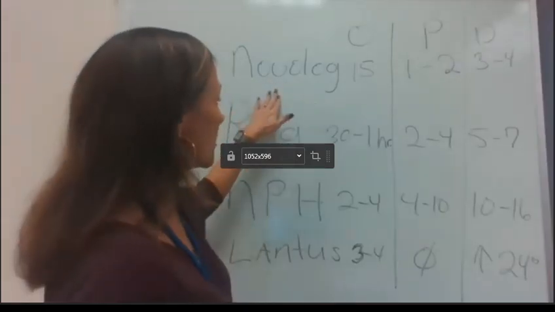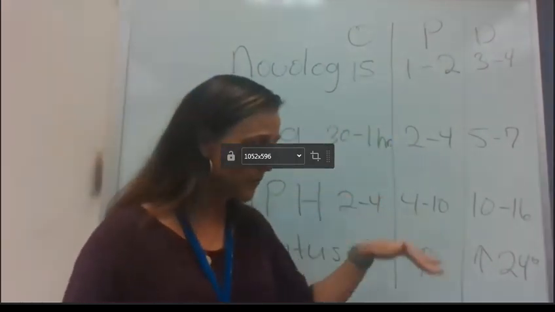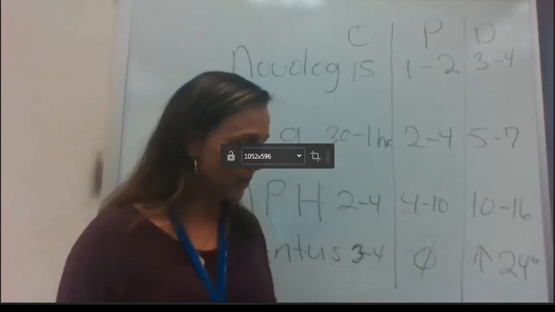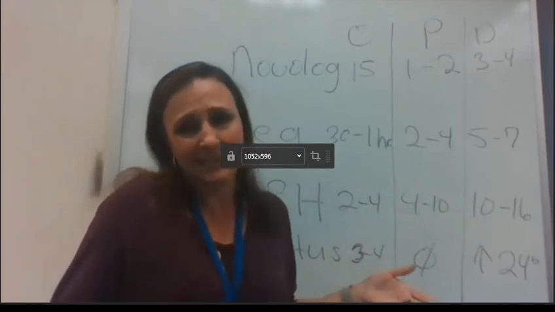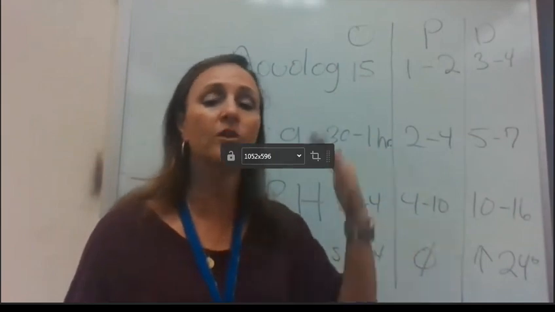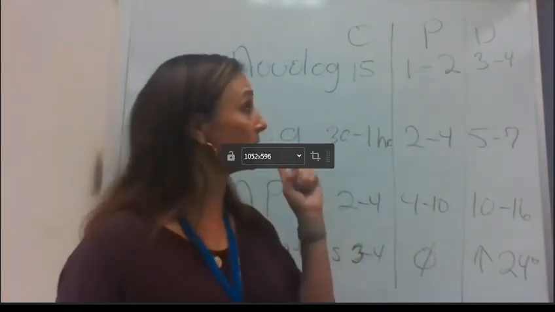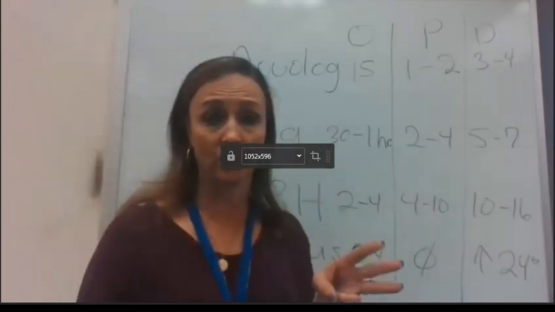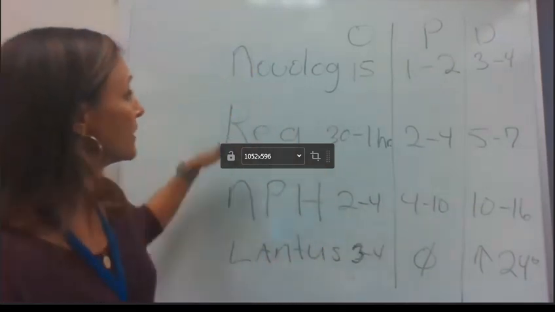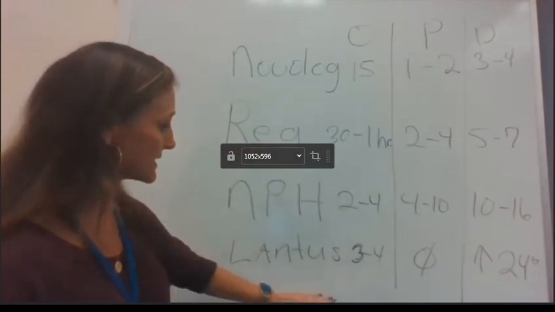So just know that if you see an order for Humalog and you go into the med room and look in the little refrigerator and grab Novolog, you're like, well, that's the same thing. Well, it's not. So please do not get Novolog and Humalog mixed up. They have the same onset, peak, and duration. So that's Novolog, that's regular, that's NPH, and that is Lantus.